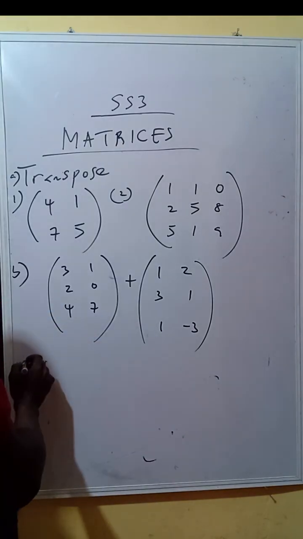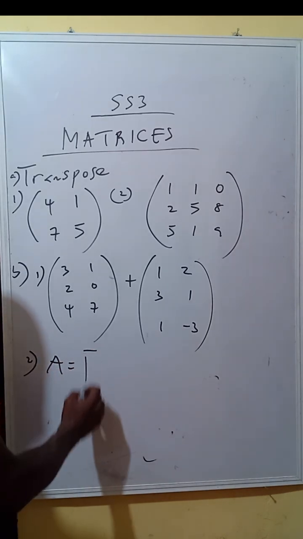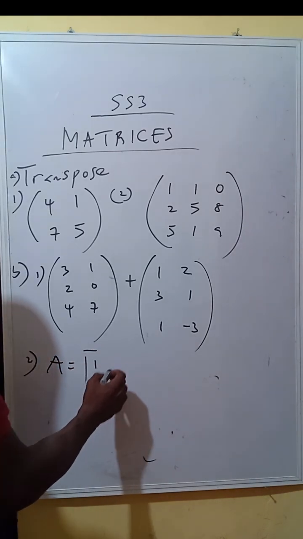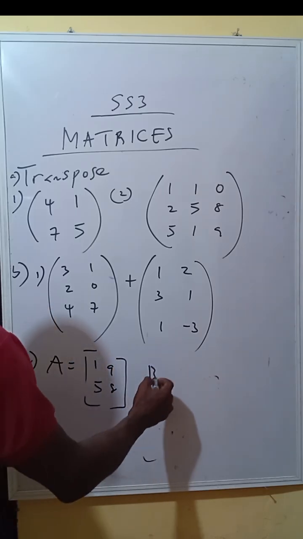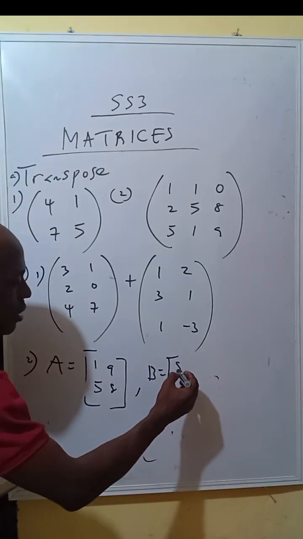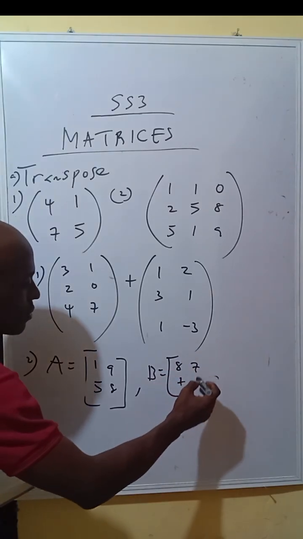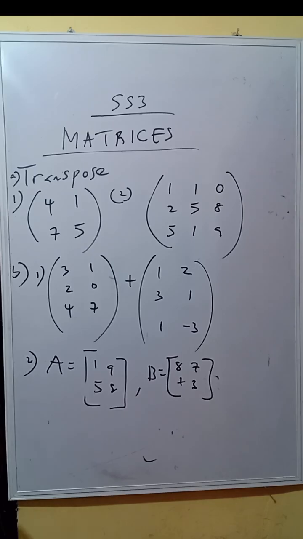Then question 2: if A is equal to 1598 and B is equal to 8773, you have to solve the following.